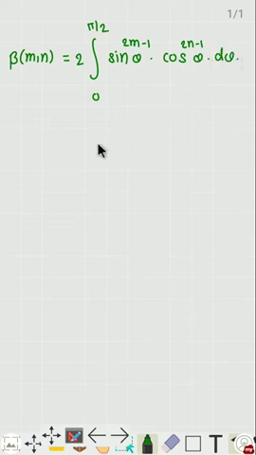Okay, so we have proved this property of the beta function.